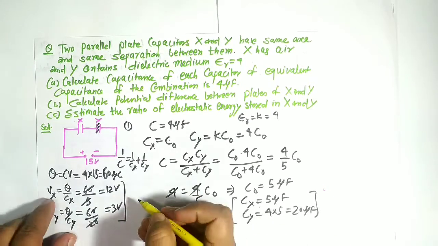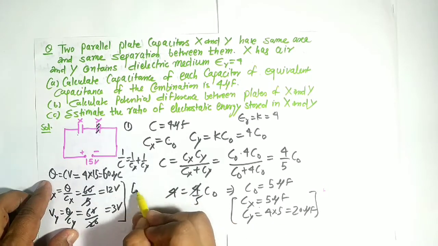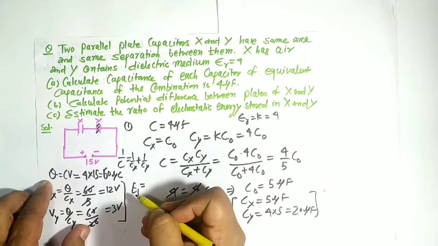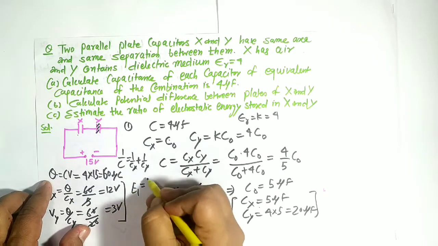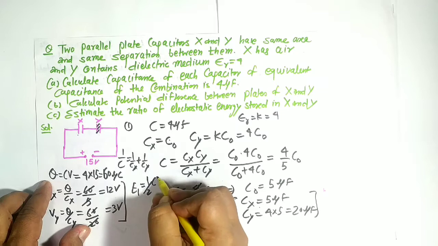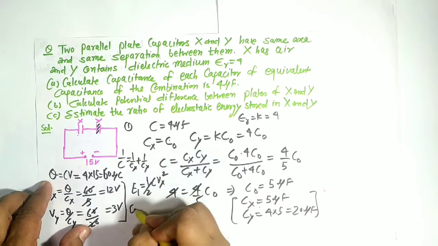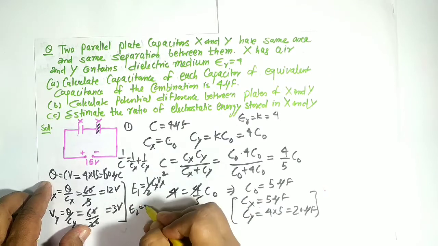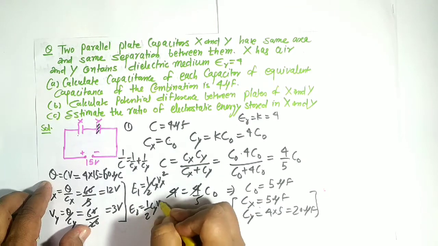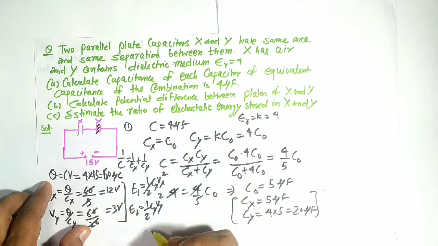You got the capacitance. And can you find out the energy ratio? Yes. E1 is half Cx Vx square. And E2 will be half Cy Vy square. And then you take the ratio.